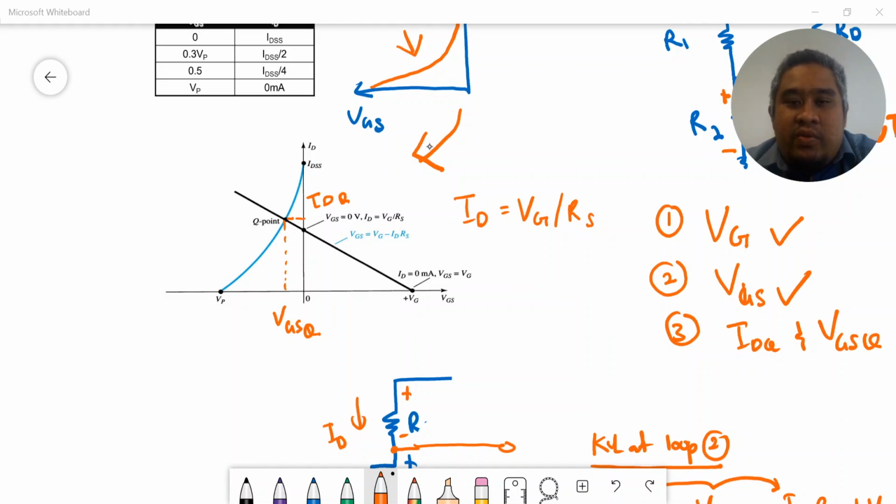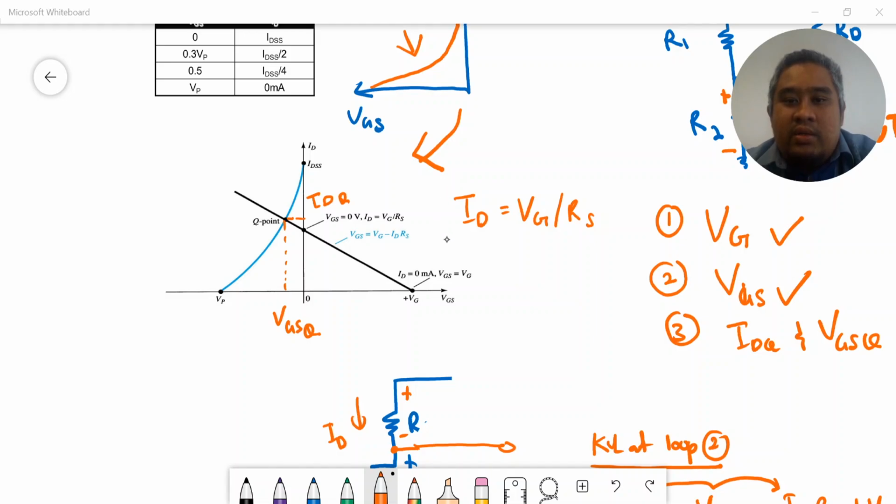For voltage divider, by using this kind of approach, for example for self bias, a different line we have to plot, and also fixed bias. All right, so I think this video ends here for now.